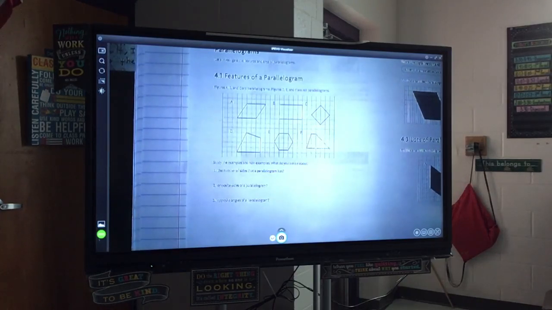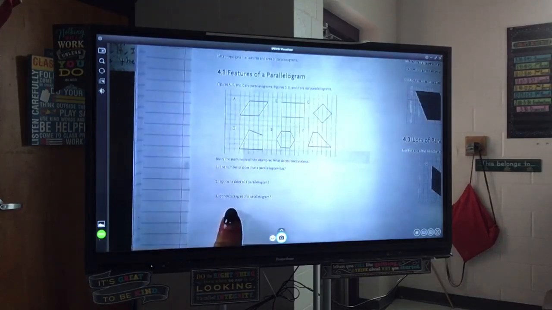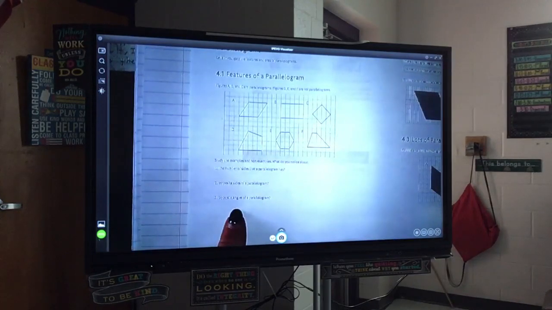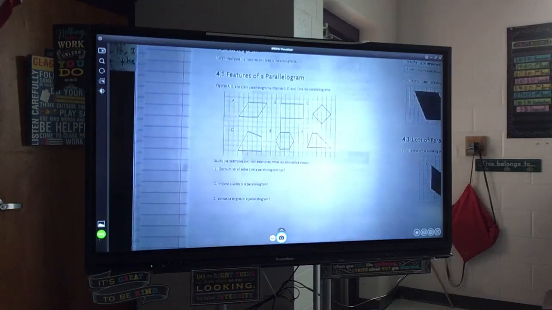Did you answer these already? Opposite sides of a parallelogram. Opposite sides. What do you notice about? You're finished.